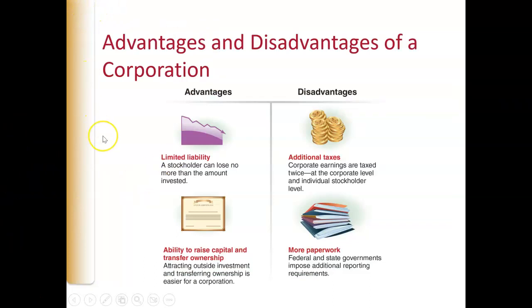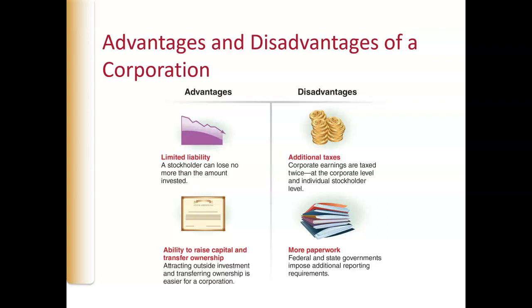The advantages of a corporation, and please know there are many advantages, but a shareholder has what's called limited liability. The only amount a shareholder can lose is what they've invested in the company. They can't come back after more money.